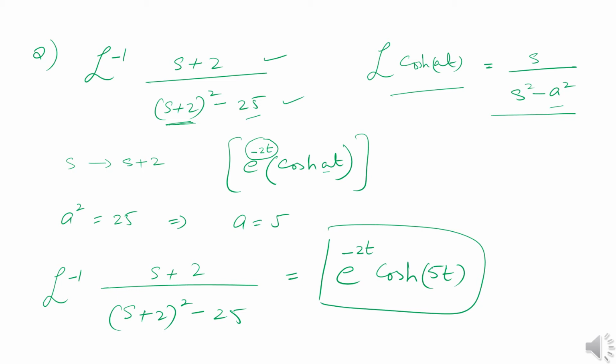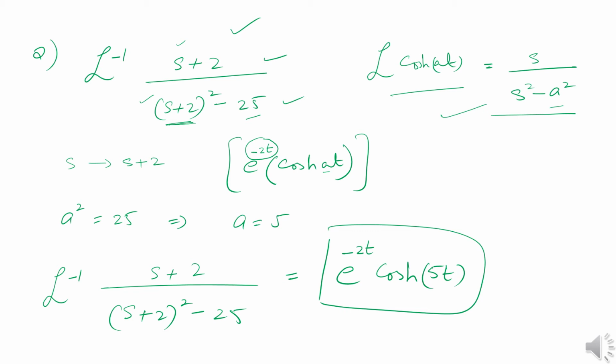If you recall, what we did in this problem is that first of all we compared the question: in the denominator it was s plus 2 whole squared minus 25, and in the numerator it was s plus 2. We know from our previous lectures that the Laplace transform of cos hyperbolic at is s over s squared minus a squared.